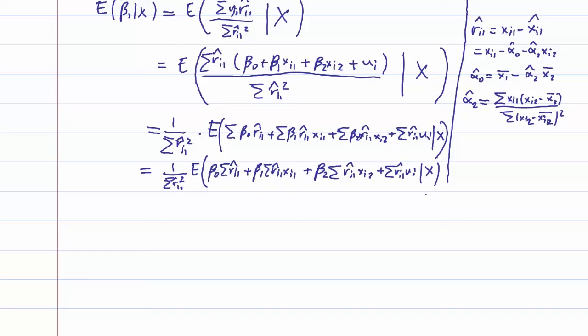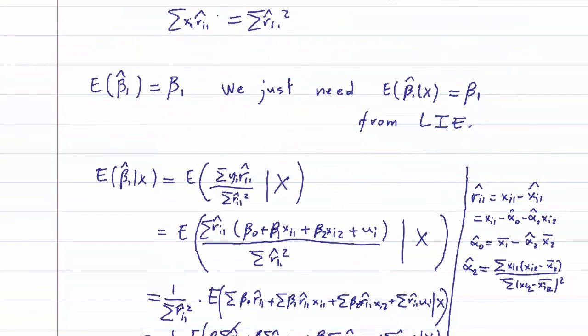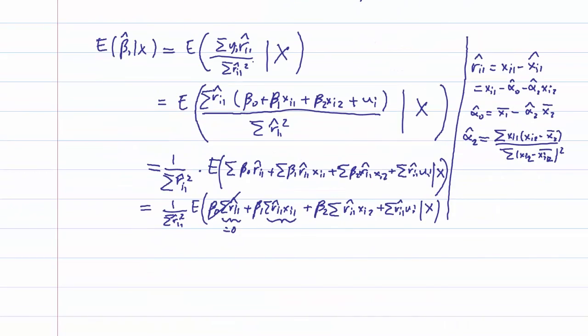So we have some results. Let's say that the sum of a residual is 0, so this term will disappear. Sum of ri1 hat times xi1, if you remember, we have a result at the top that says that this is the sum of the residual squared. So this is the sum of ri1 hat squared.